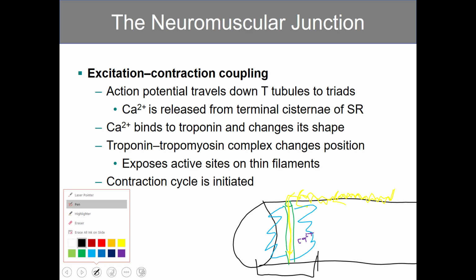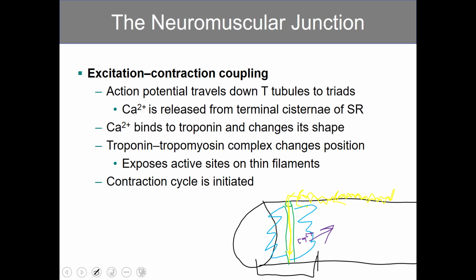As the action potential reaches the triad, it's going to cause the release of calcium. Calcium is going to be dumped out of the sarcoplasmic reticulum, and it's on its way to binding troponin, which is the next step. So calcium right here is released from the terminal cisternae of the sarcoplasmic reticulum.